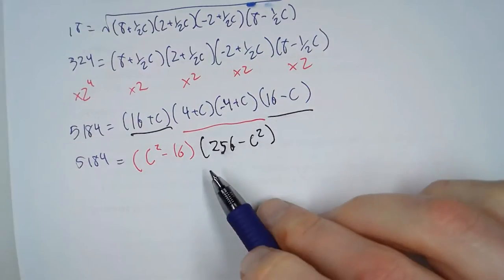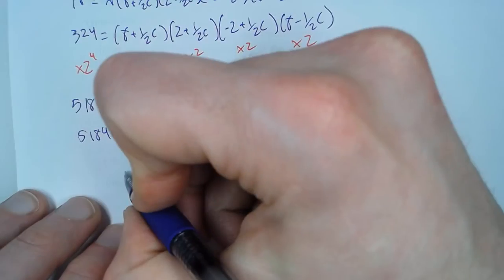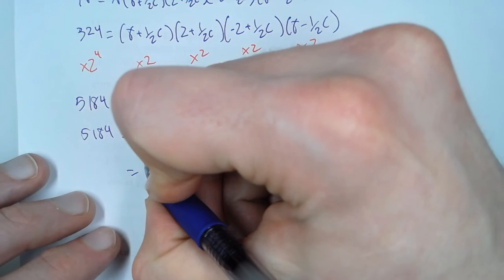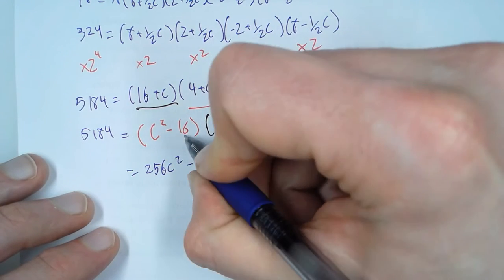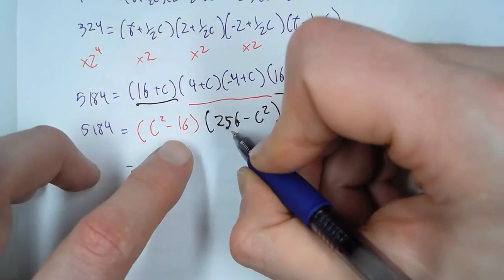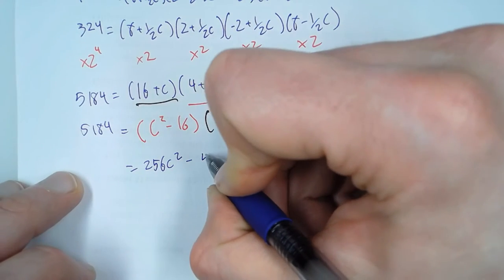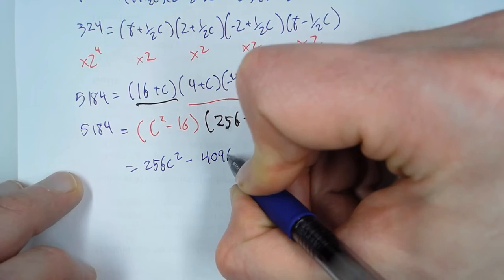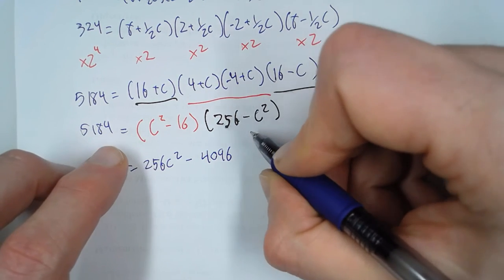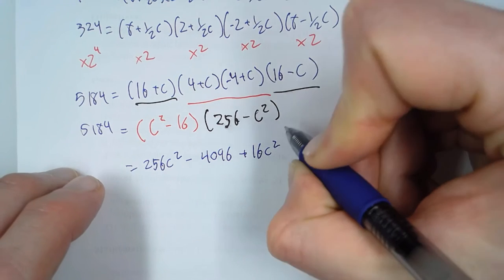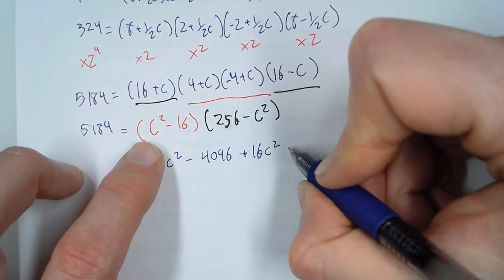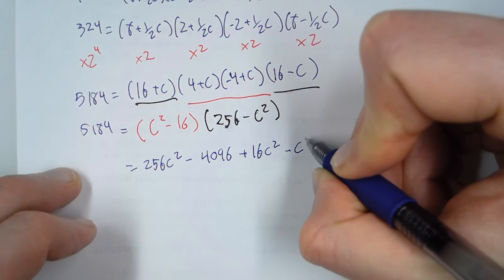So when we expand this out, we're going to have a 4th degree polynomial. So that's going to be 256c squared. We multiply these two, we get negative 4,096. Here we multiply these two, so plus 16c squared, and then finally the last ones, we're going to get minus c to the 4th.